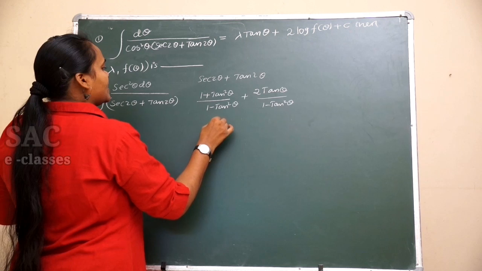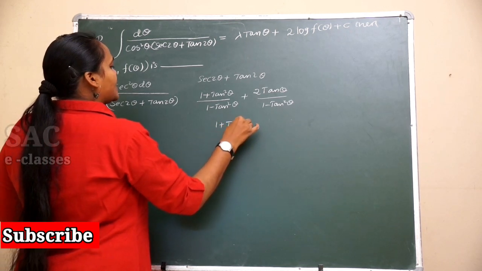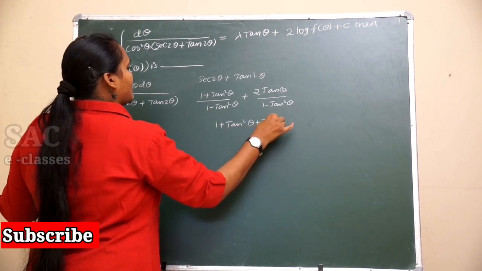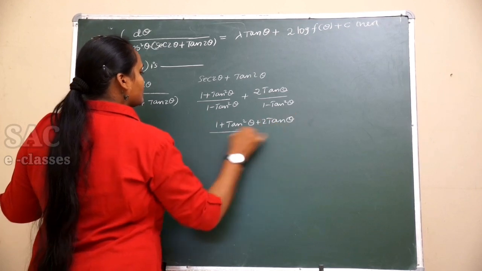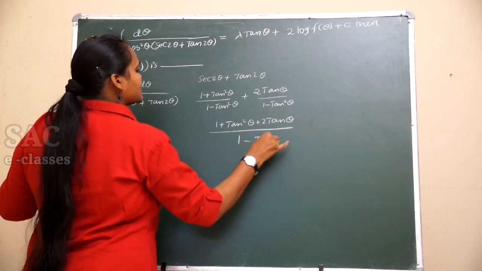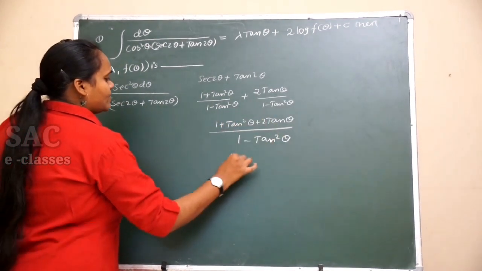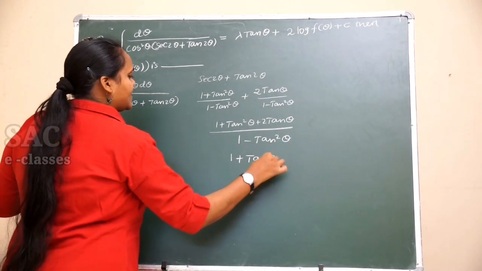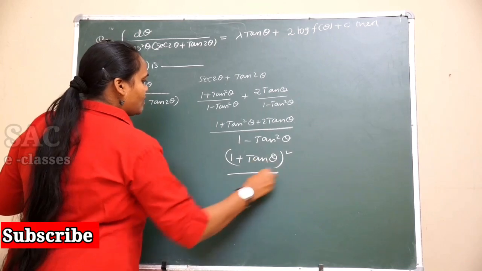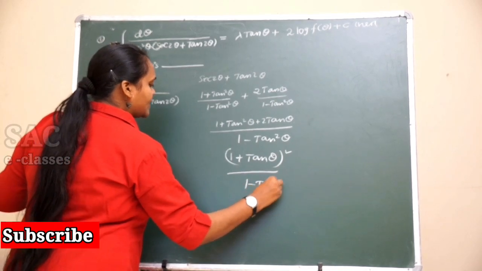Clearly, 1 plus tan square theta plus 2 tan theta by 1 minus tan square theta. This entire thing becomes 1 plus tan theta whole square by 1 minus tan square theta.